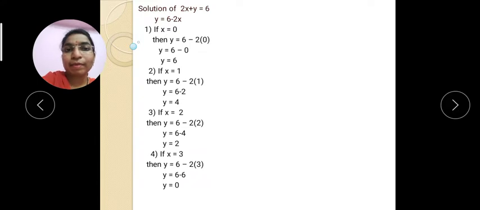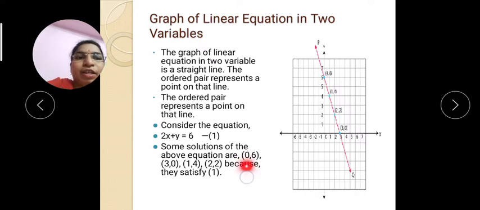Always remember that when you are finding the points, you have to find a minimum of 4 points. So x is equal to 3, then y is equal to 6 minus 2 into 3, that is 0. When x is equal to 3, y is equal to 0. So see here: (0, 6), (1, 4), (2, 2) and (3, 0).